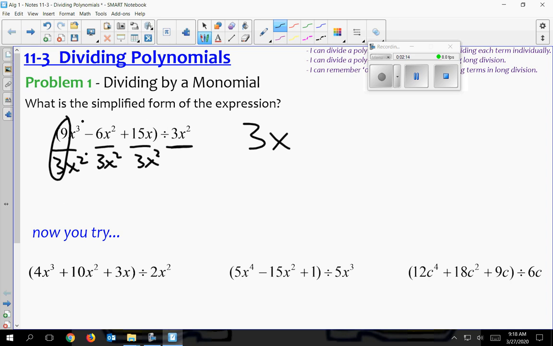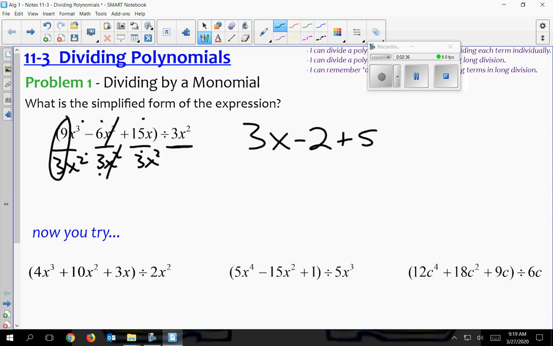I've got a -6 being divided by a +3, so that's going to get me a -2. And the x squareds are the same, so I can cancel those out. Then I have 15 divided by 3, which gets me 5.